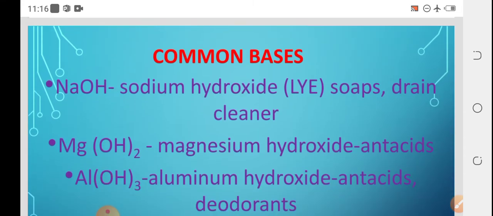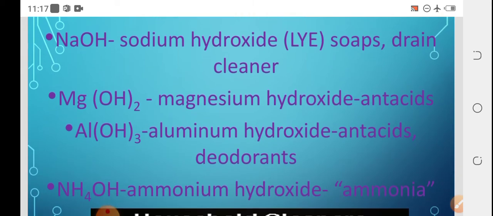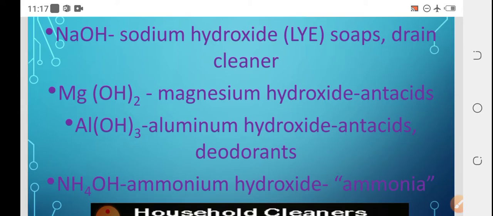Then what are the common bases? The common bases we find in our daily life are sodium hydroxide in the form of soaps and drain cleaners. Magnesium hydroxide is used in antacids.